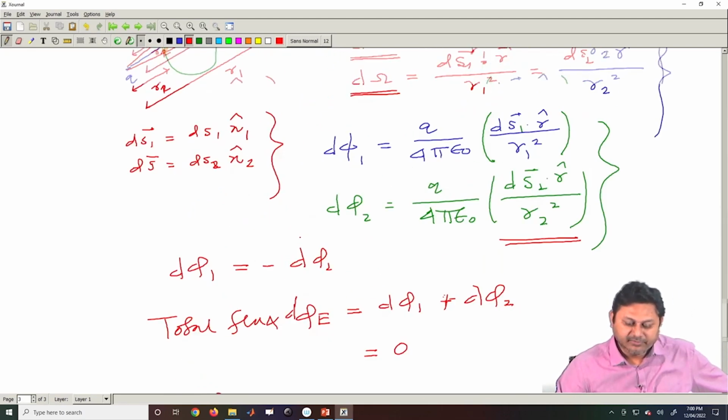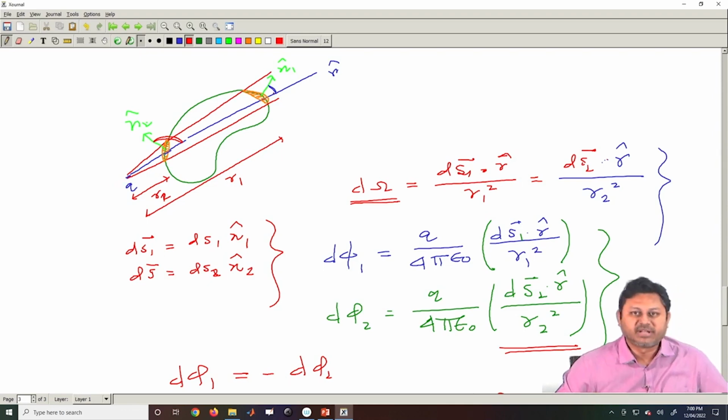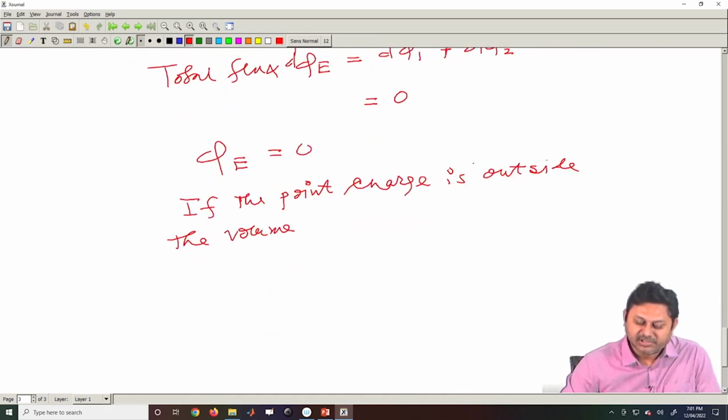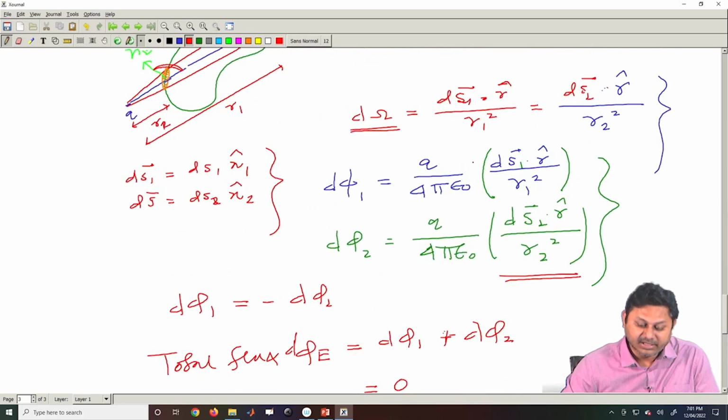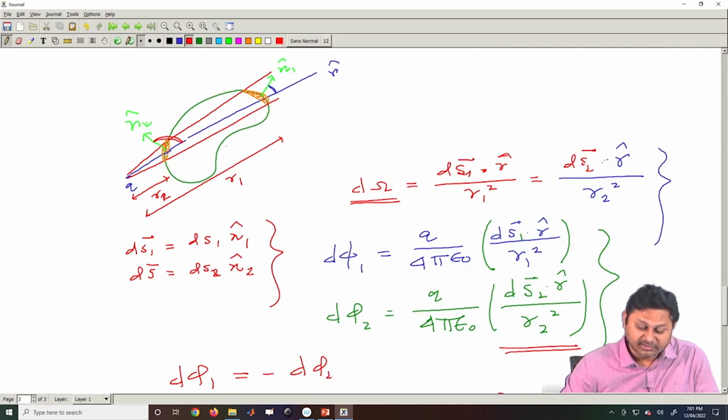Whatever flux is going in, the same amount of flux is going out, that is the physical meaning. Since the flux going in and the flux going out are the same, when the charge is placed outside of this volume element, the total flux is 0.